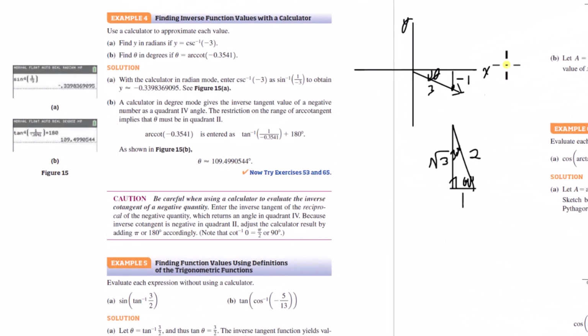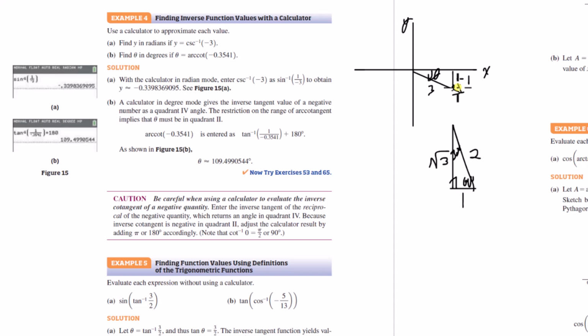One thing to note, and we're going to look at some examples in the next one: if we did want to know the sine or cosine or any trig function of this angle, we could get the exact value without the calculator, even though the calculator only gives an approximation for the angle.